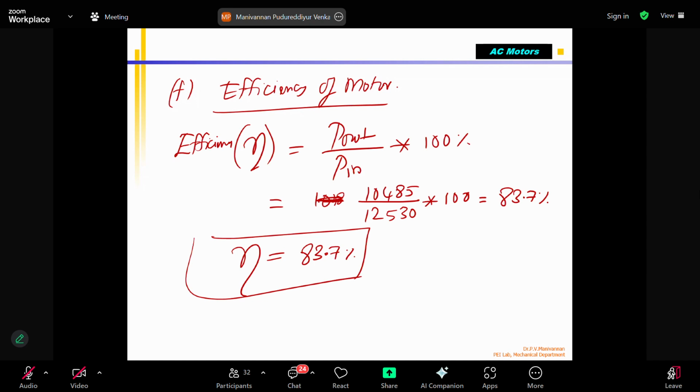But in case of electric motor, input power given is 12,530 watts, output shaft power is 10,485 watts, 83% in induction motor, correct? That is why the future is electric vehicle, slowly. But the problem here is from where you will store this electrical power, from where you are generating the electric power.